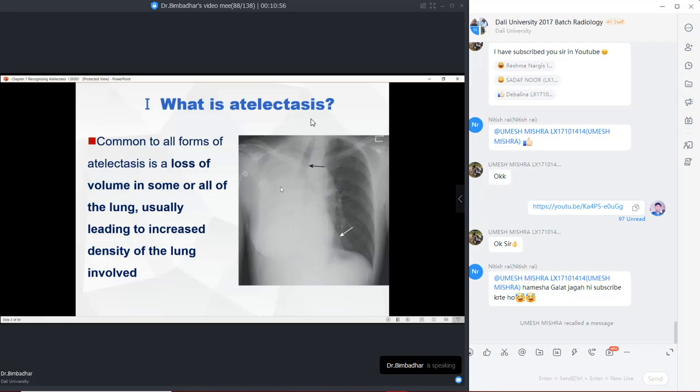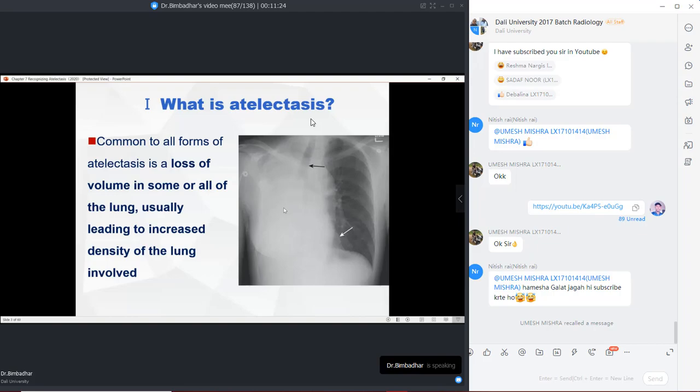So the opacity is present on the right, the trachea is deviated to the right, the right heart border is completely obscured, and I cannot see the shadow of the heart on the left side, which means there is a right-sided mediastinal shift as well. So this shows the complete classical features of an atelectasis.